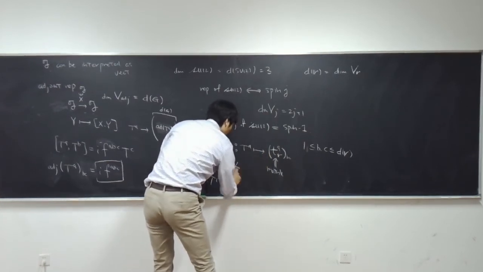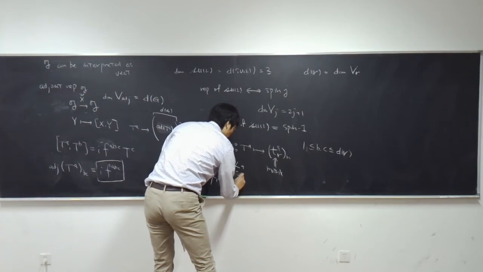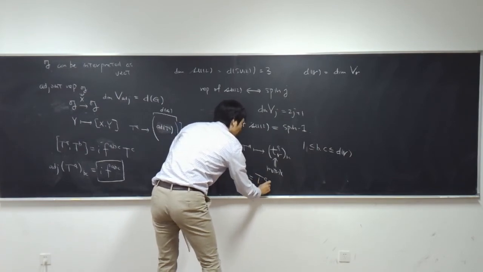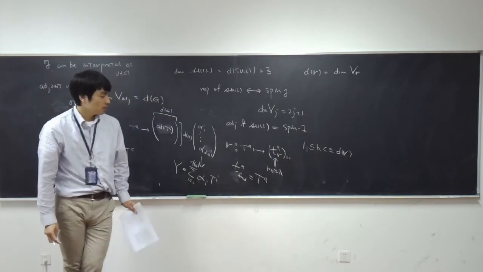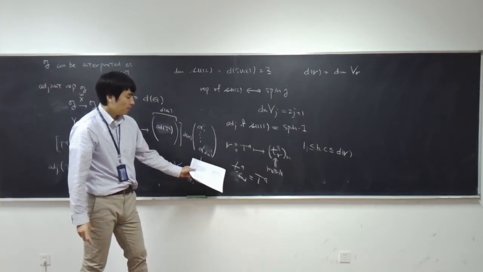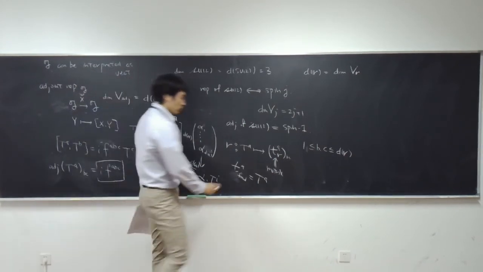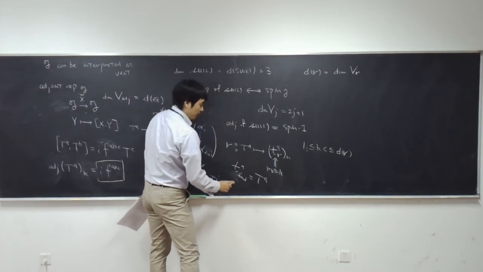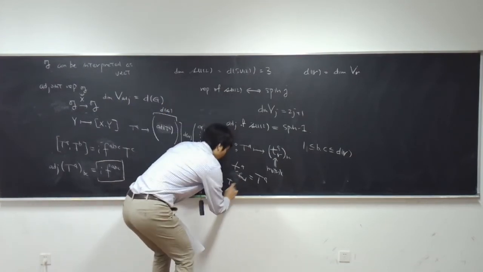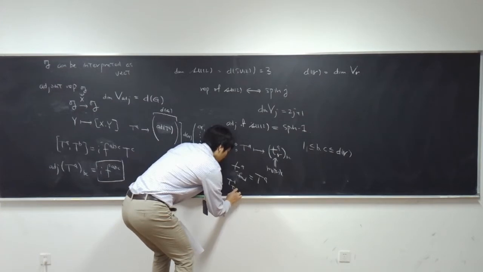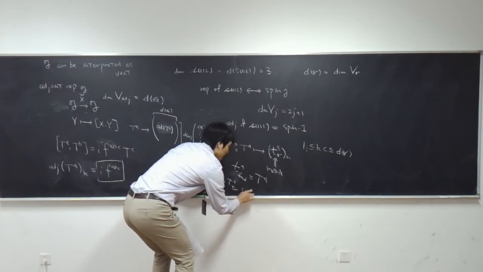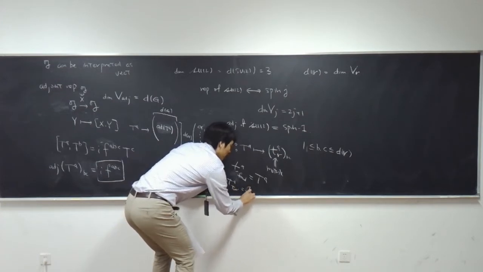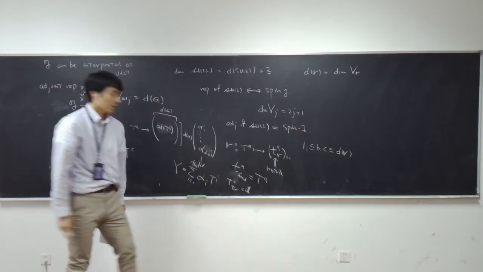It's a bit confusing. But for the trivial representation, T_A is always just 1, the identity.